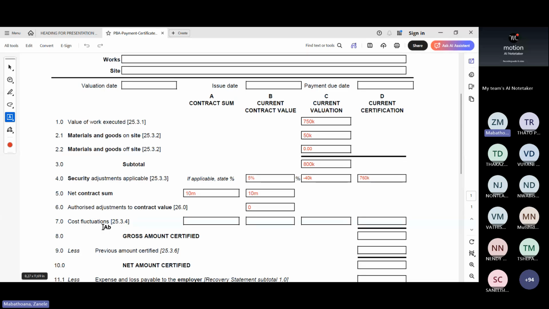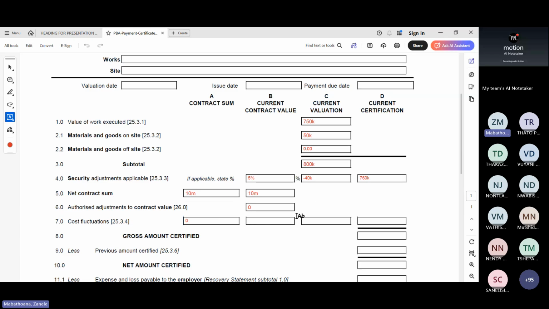Then you have your cost fluctuations. This is your CPAP, contract price adjustment provisions, where you add escalation to the contract. We do not have any escalation here, so I'm just going to leave it at 0 because I'm not going on to the indices, right?